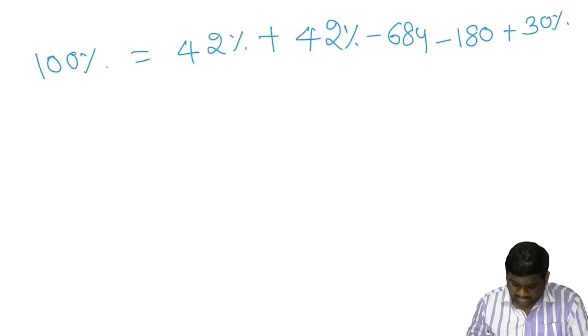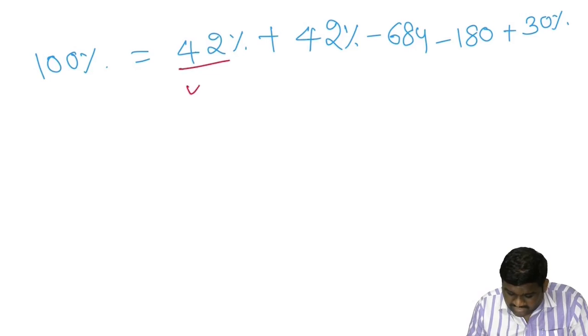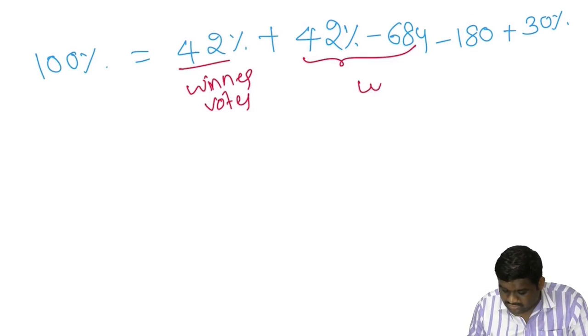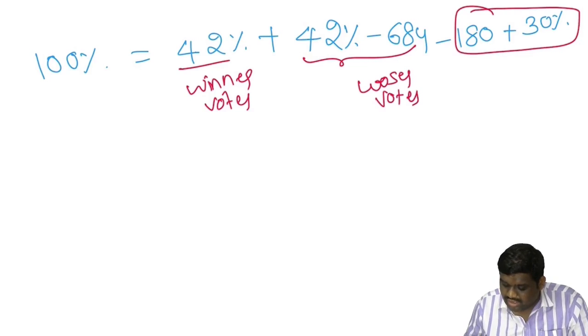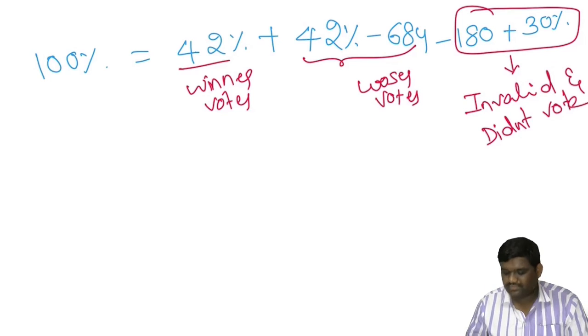Let me explain one more time. This is winner votes. These are loser votes. These are invalid and didn't vote persons.